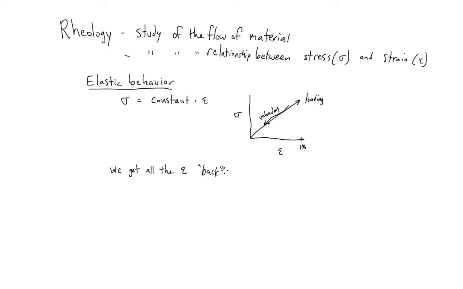It's undone when we let go. So we call this recoverable strain. We're not really talking about this kind of strain much in this class, but it's important just to have this as a reference.